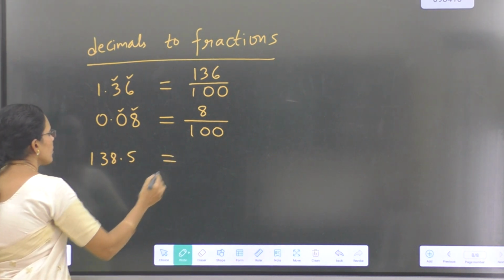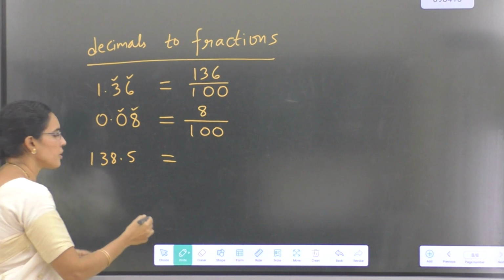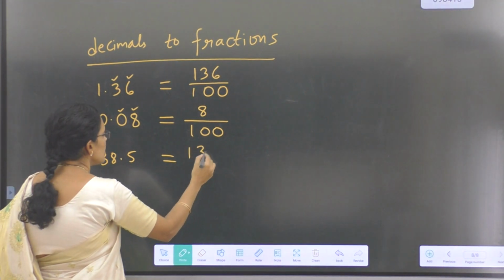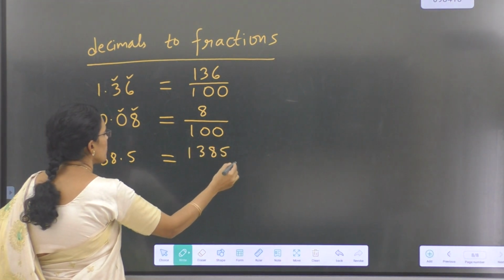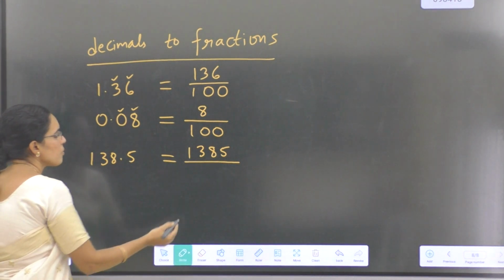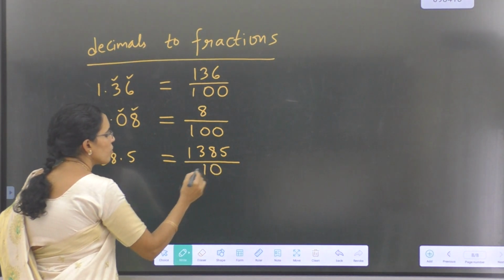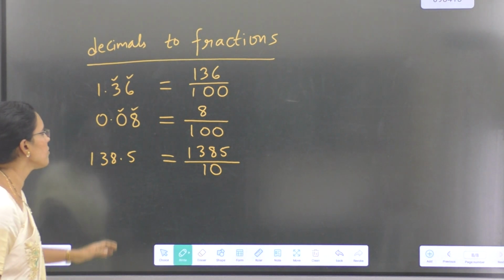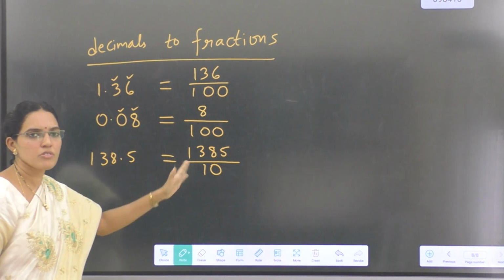Now this one, 138.5, that is 1385. Why? Here only 1 decimal place, therefore 1 followed by only 1 zero. In this way we will convert decimals to fractional form.